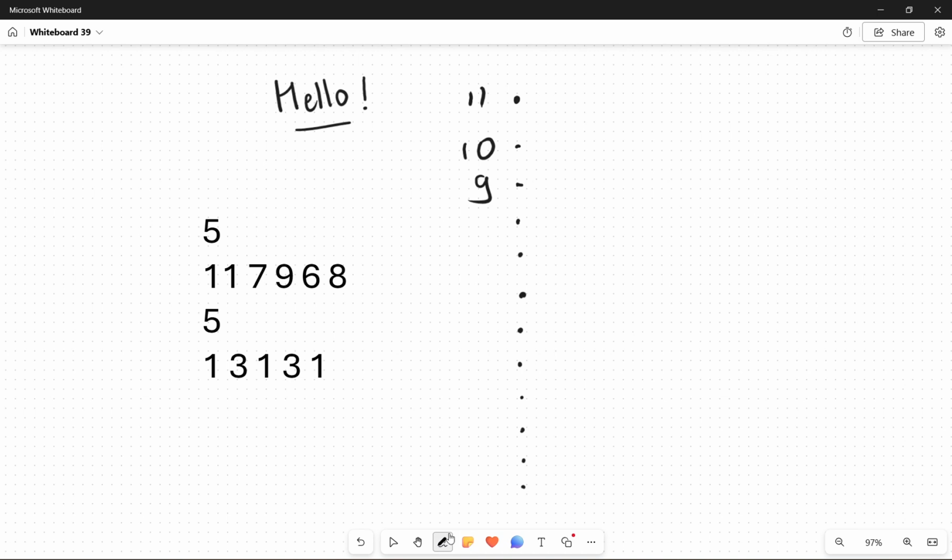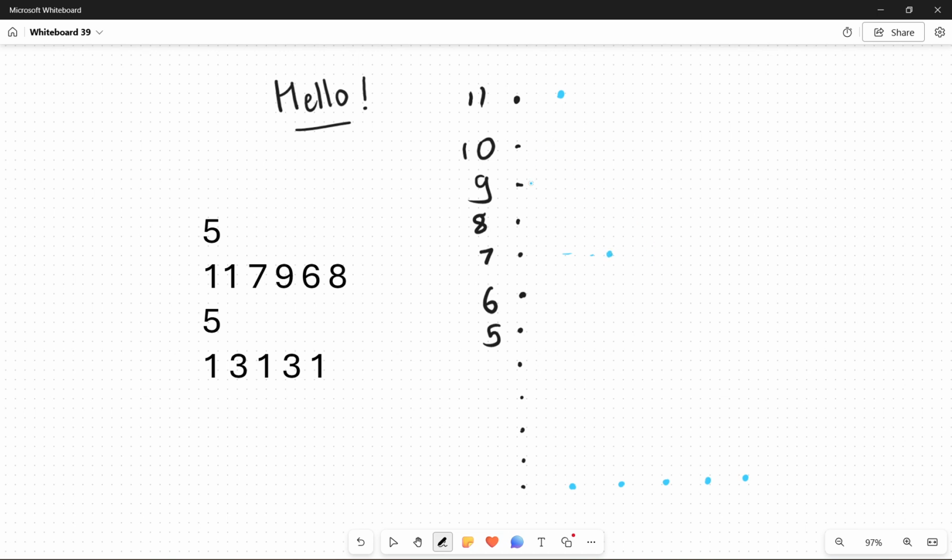Suppose the first element is here, the second is here, the third is here, the fourth is here and the fifth is here. The first element is equal to 11, so it's here. The second element is equal to 7, so that is 8, 7, 6, 5, so 7 is right here.